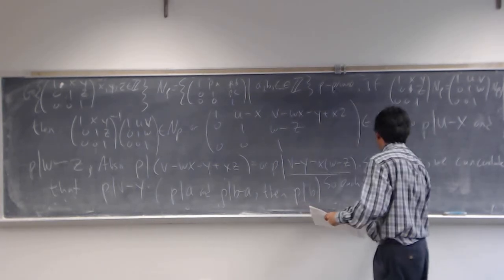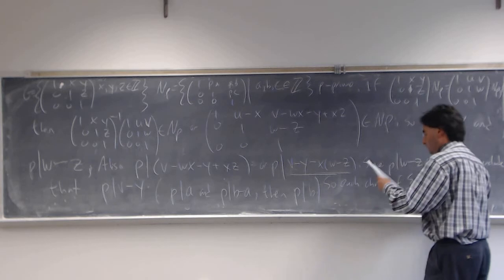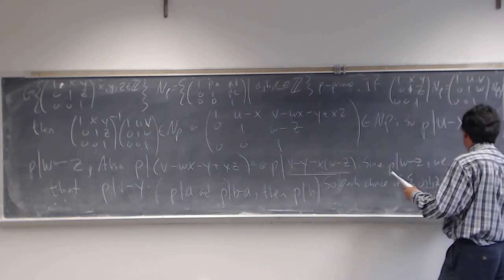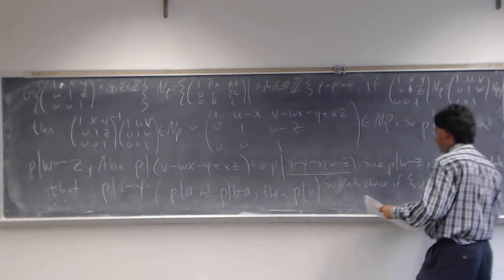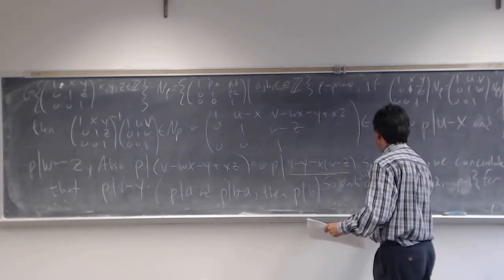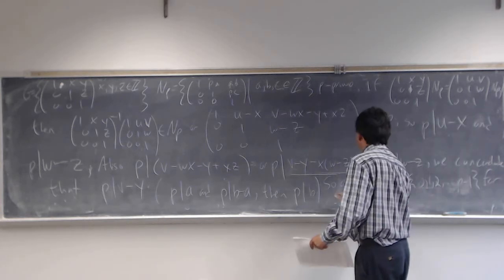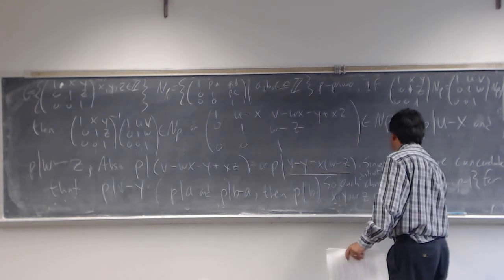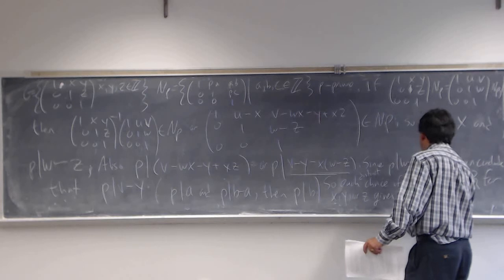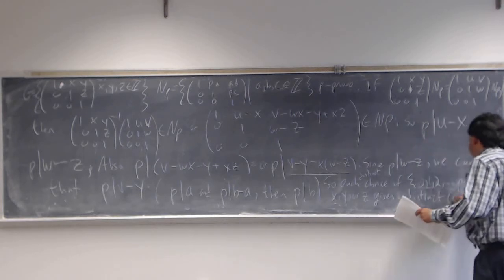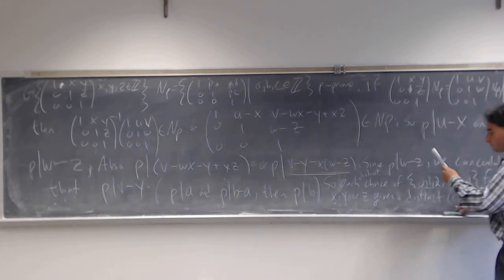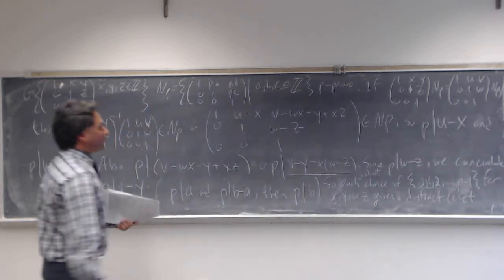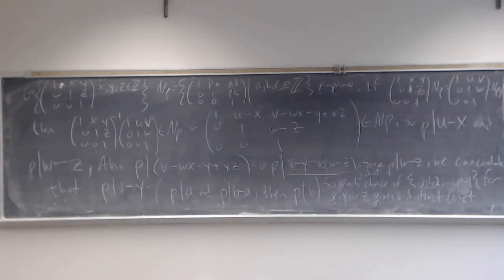So each choice of 0, 1, 2, up to P minus 1, for each distinct choice for X, Y, or Z, gives a distinct coset. And again, in terms of basic probability, you'd think of this as independent.